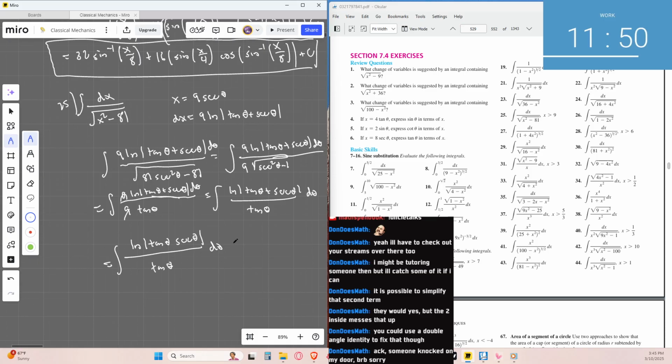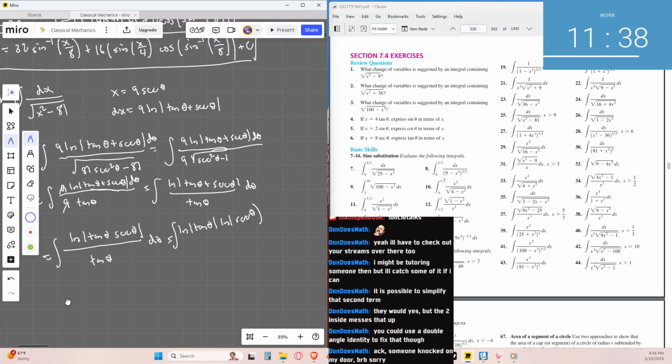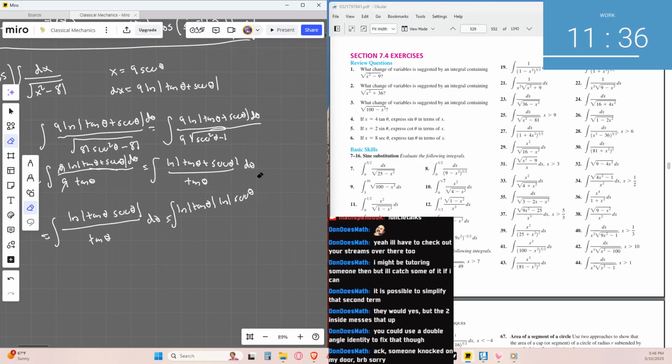I mean, can you split this up into the natural log of tangent and the natural log of secant? Let's drag this over here. But I feel like that doesn't help us as much.